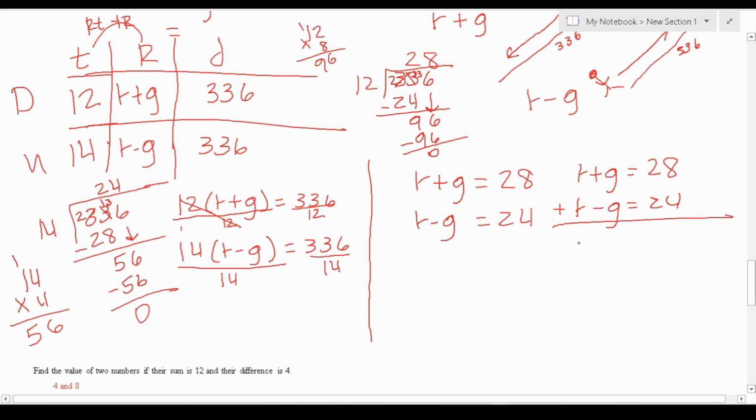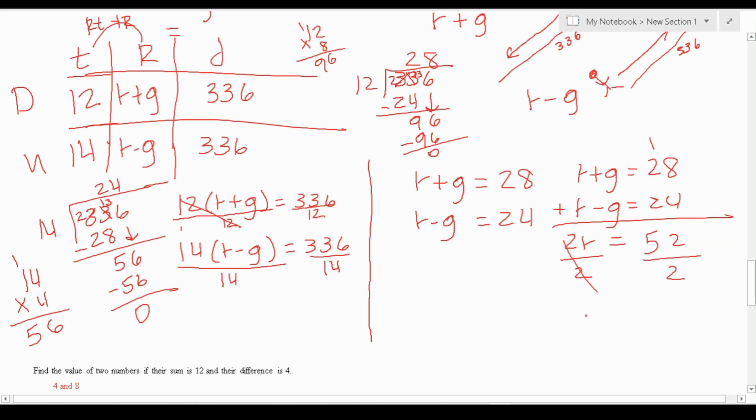Let's add. r plus r is 2r. g minus g is nothing. 24 plus 28. 8 plus 4, 8, 9, 10, 11, 12. Carry your 1. 2 plus 2 is 4 plus 1 is 5. Divide both sides by 2 since we want to get r by itself.